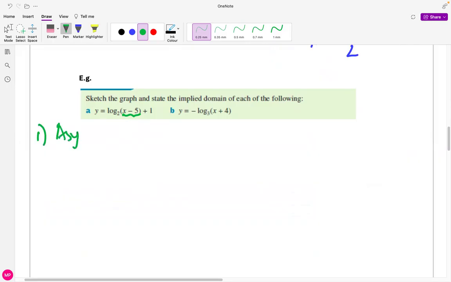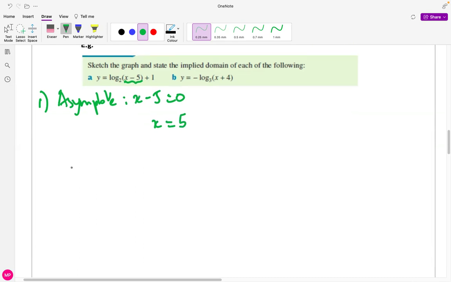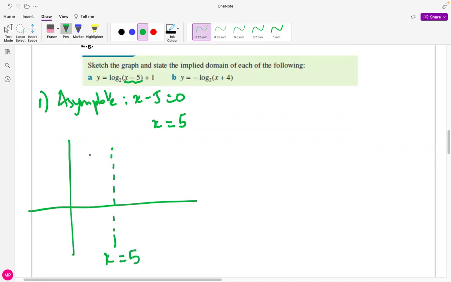So for the asymptote, x minus 5 equals 0, x equals 5. So I have x equals 5 here. Then I look at the signs, so positive outside and positive in front of the x as well, no reflection. So my shape will look like that.